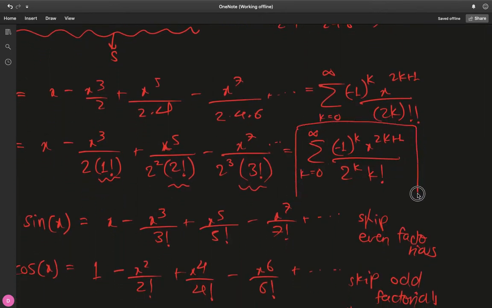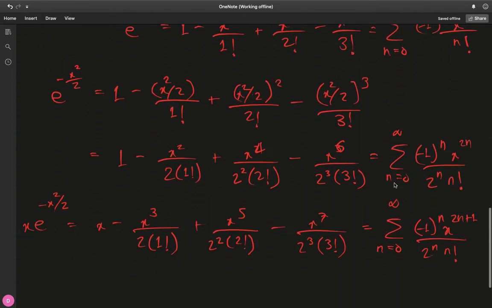We just have different indices for summation, but that's essentially the same.